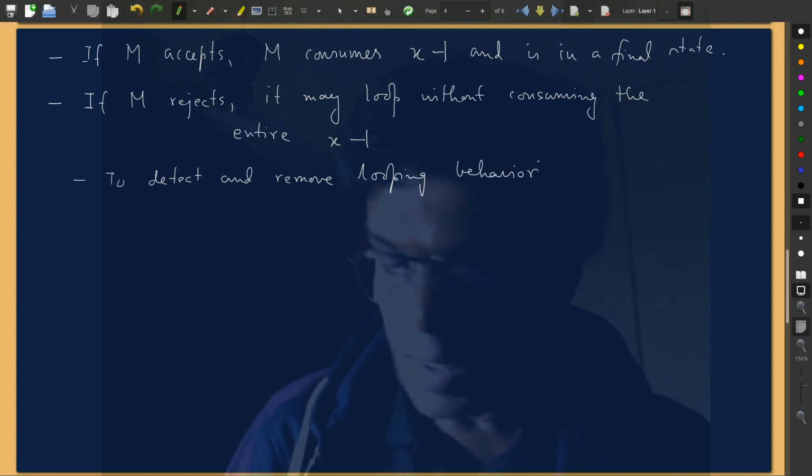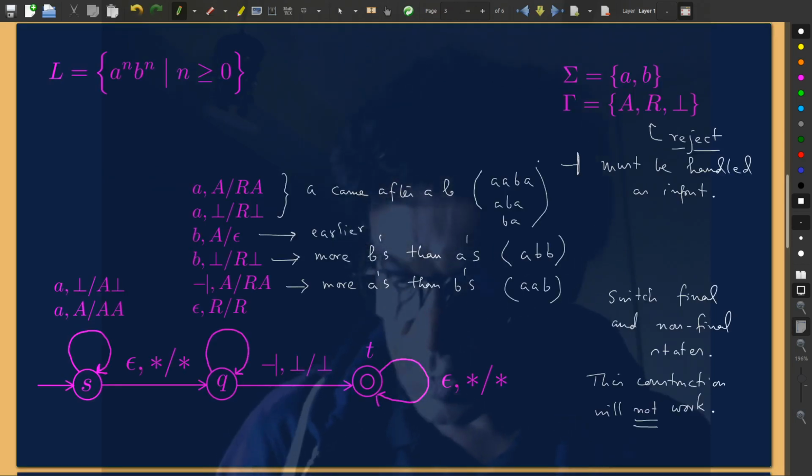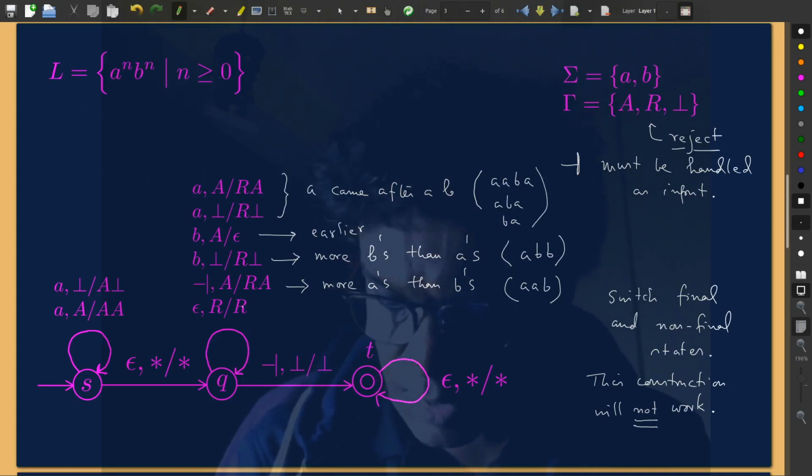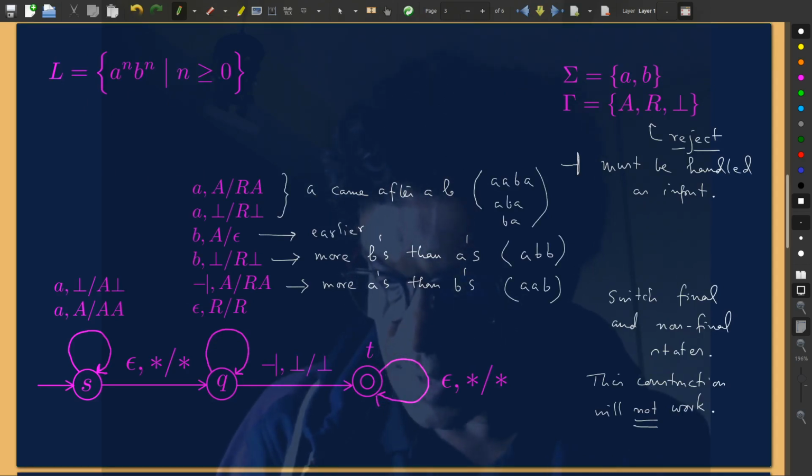Okay. Also, if you look at this thing, you can see that it may loop without seeing this end marker. In these cases, if a malformed string comes, that reject symbol is pushed to the top of the stack and it simply keeps on looping on that.